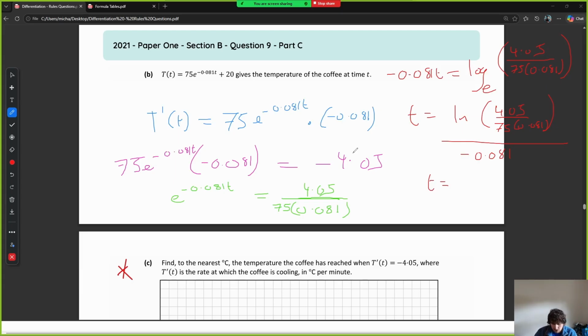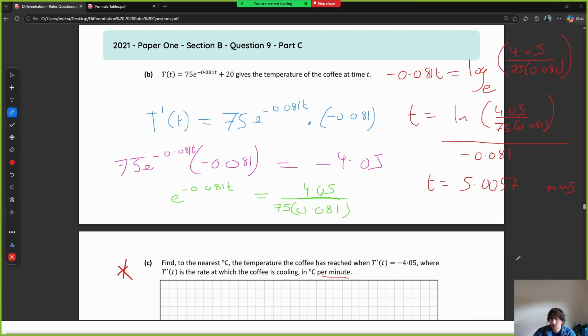That's the ideal place you should be, 75 multiplied by 0.081 over minus 0.081. So t works out here pretty nicely to 5.0057, and is t in hours or minutes? Does it tell us? Yes, per minute, so we know it's in minutes.